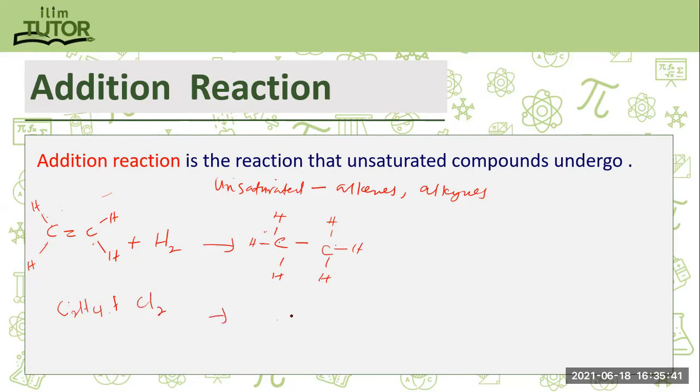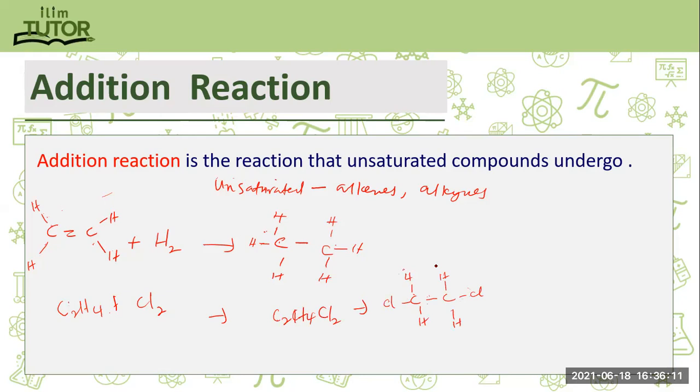I could have C2H4Cl2. Basically, in structure, I'm having something like this: a chlorine, a hydrogen, I could also have a chlorine here, a hydrogen, and I could also have it at this point, here and here. They still mean the same thing.